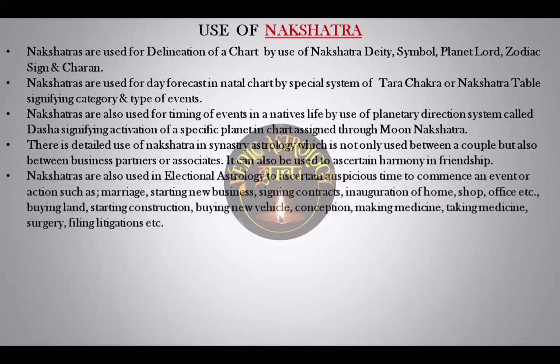Nakshatras are also used in electional astrology to ascertain an auspicious time to commence an event or actions such as marriage, starting a new business, signing contracts, inauguration of home, shop, office, etc., buying land, starting construction, buying new vehicles, conception, making medicine or taking medicine, surgery, filing litigations, etc.